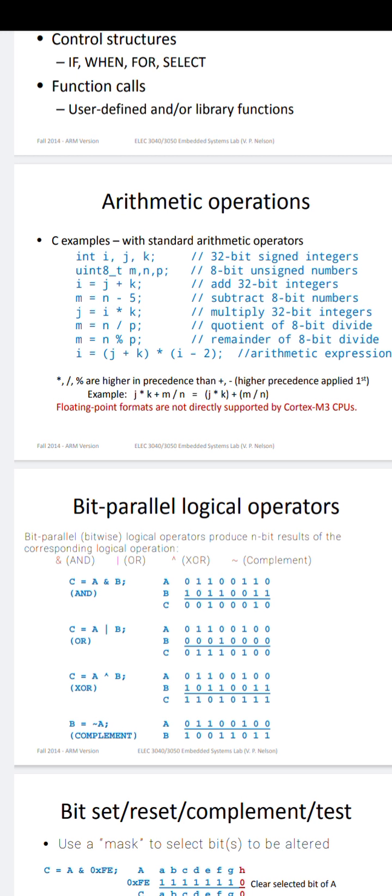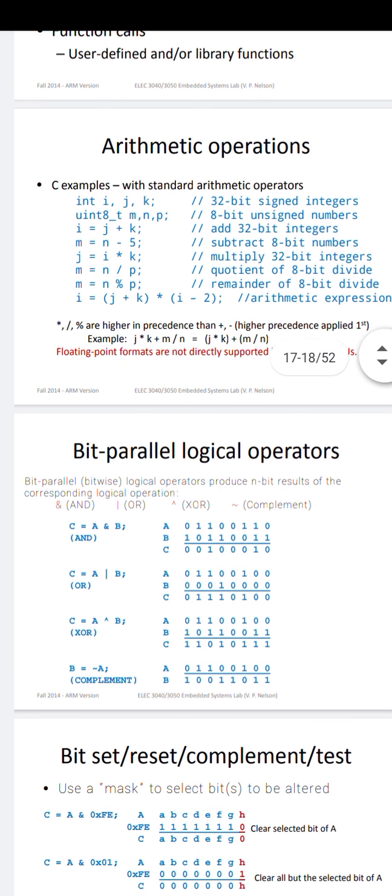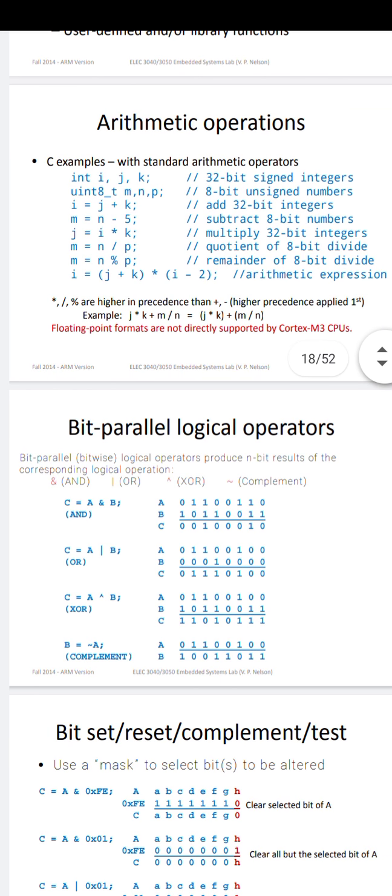Then j is equal to i times k, that is multiply 32-bit numbers. m is equal to m divided by p, that is the quotient for 8-bit divide. Those are the arithmetic operations. We have to check all arithmetic operations in the examples of this programming.